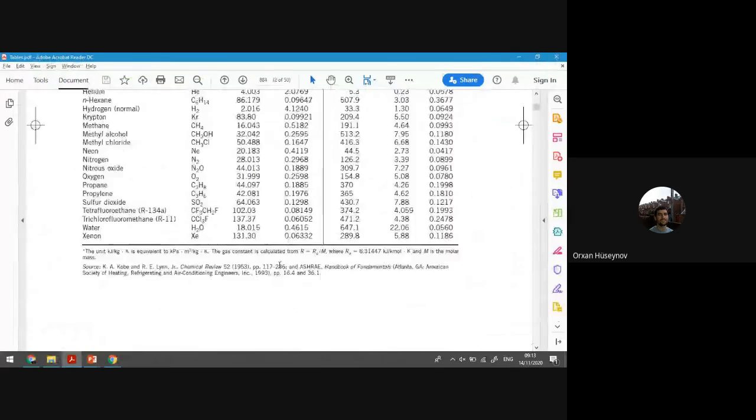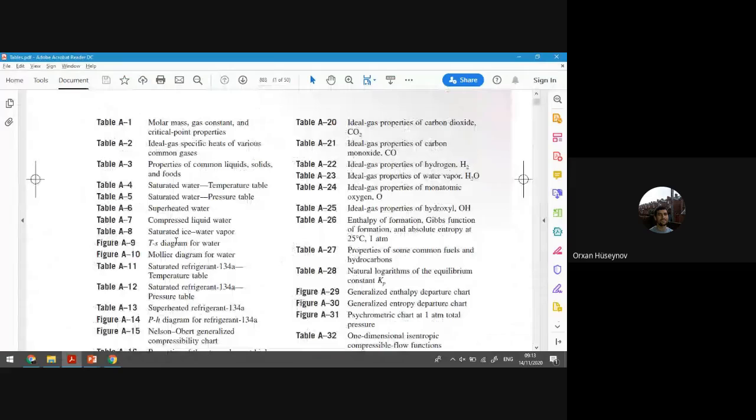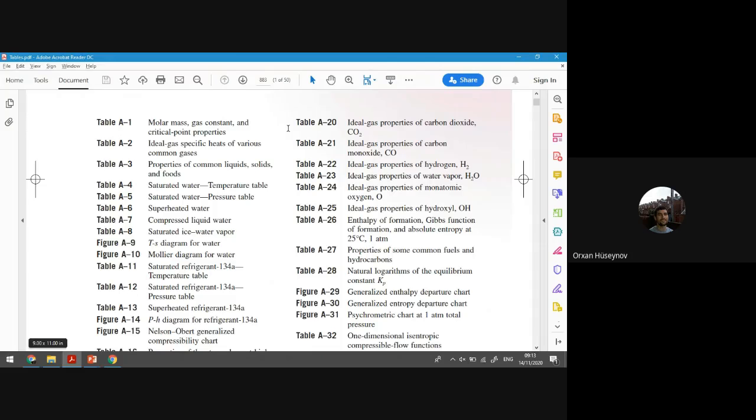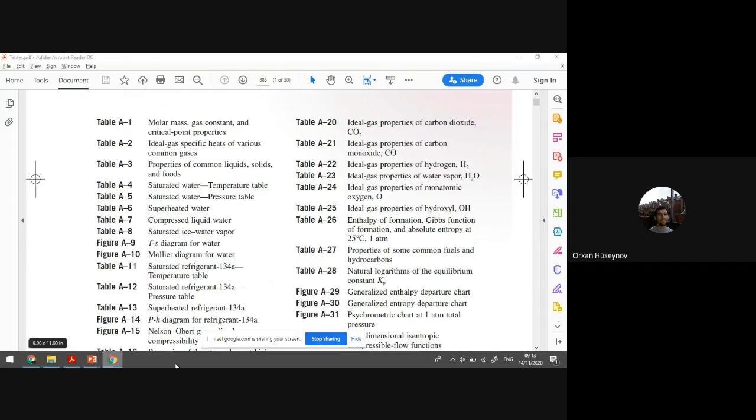I should firstly go to the refrigerant 134A at 0.24 megapascals. So I should look for this one.